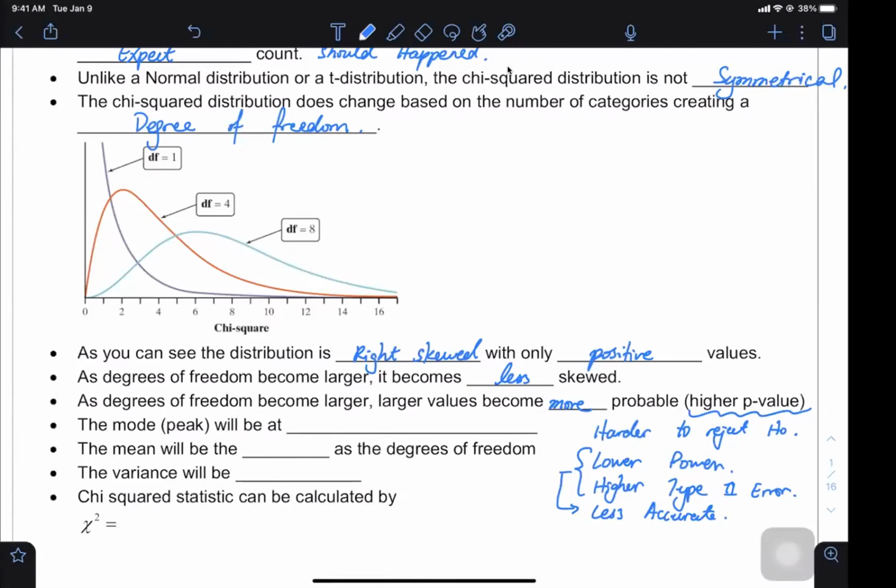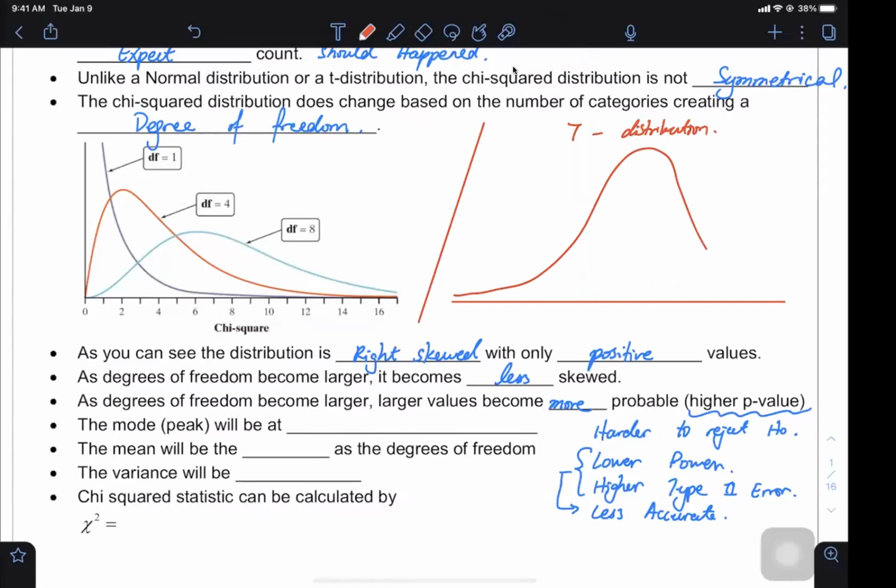This is different from the t-distribution, because remember that when the t-distribution has a higher degree of freedom, the distribution is more like a normal. Compared to a t-distribution, this is the normal distribution Z. And this is the t-distribution with degrees of freedom maybe like 10.